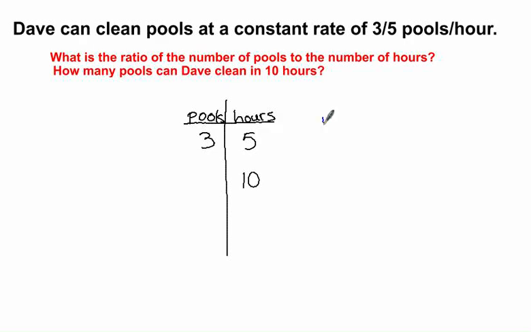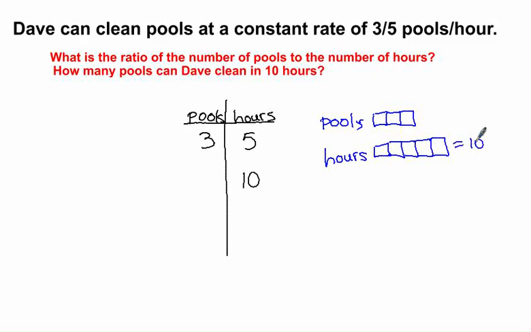Some people might also choose to solve this type of problem in a tape diagram. 1, 2, 3, 1, 2, 3, 4, 5. And if the hours are equal to 10, then each box would be equal to 2, which is the same thing in the T-chart. We're just going to be multiplying by 2, and whatever you do to one side, you must do to the rest. And he can clean 6 pools in 10 hours.